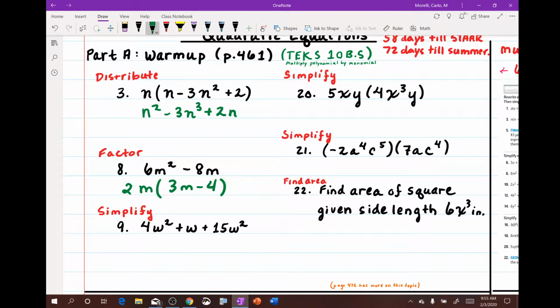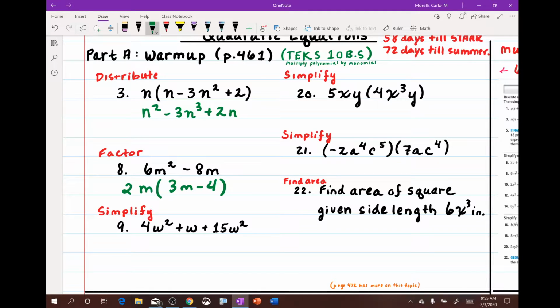Good. So just on that one, factoring out an m by itself, still an equivalent expression, but what Coach did, this is the correct answer. This is fully factored. That's what we say.